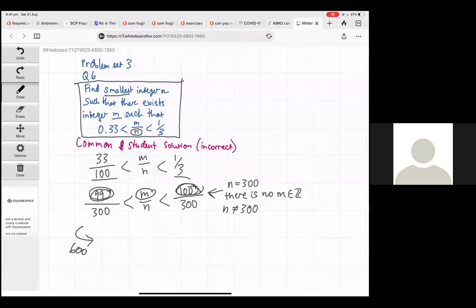And so they did 198 on 600, less than m on n, less than 200 on 600.